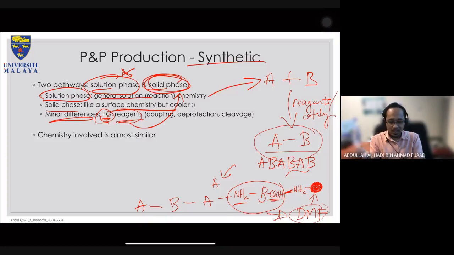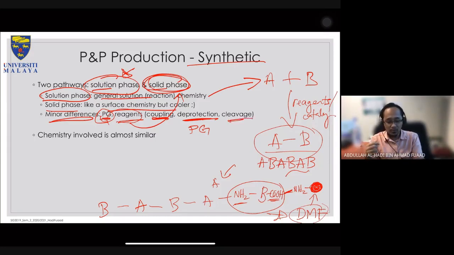Okay. Other than that, of course, the coupling, meaning that when you want to add one amino acid to another, so that's what we call coupling. So you couple one amino acid to another in a stepwise manner. Okay, deprotection meaning you want to remove the protecting group. Again, if you don't recall, go back to SID3019. This is actually covered there.